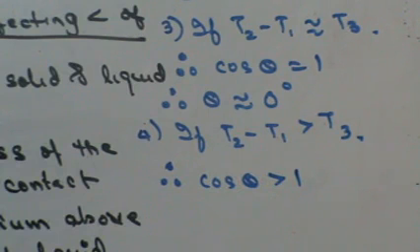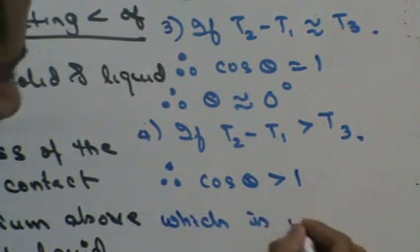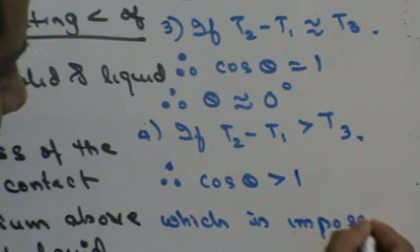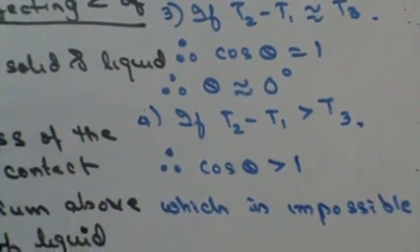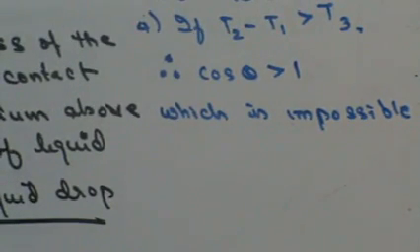But can cos theta ever be greater than 1? From our trigonometry, we know that cos theta has to have a value between minus 1 and 1. So this is impossible. Cos theta being greater than 1 is impossible. That means the liquid drop will never exist at equilibrium.